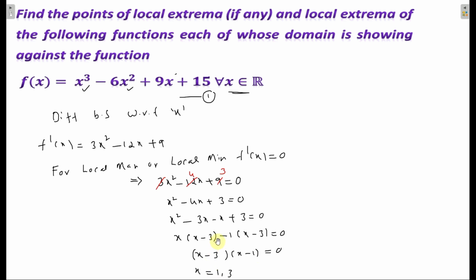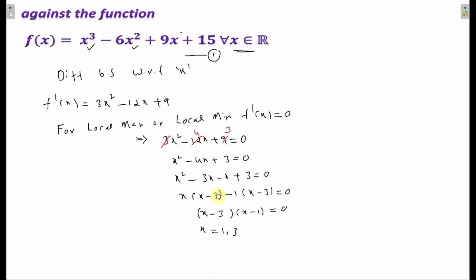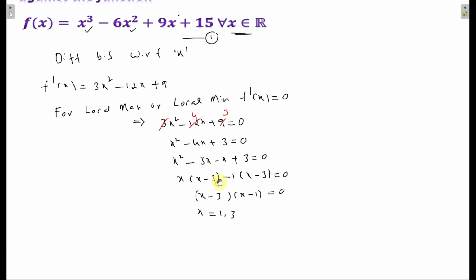Now second step, find out f double dash x. Again differentiate this function with respect to x on both sides.